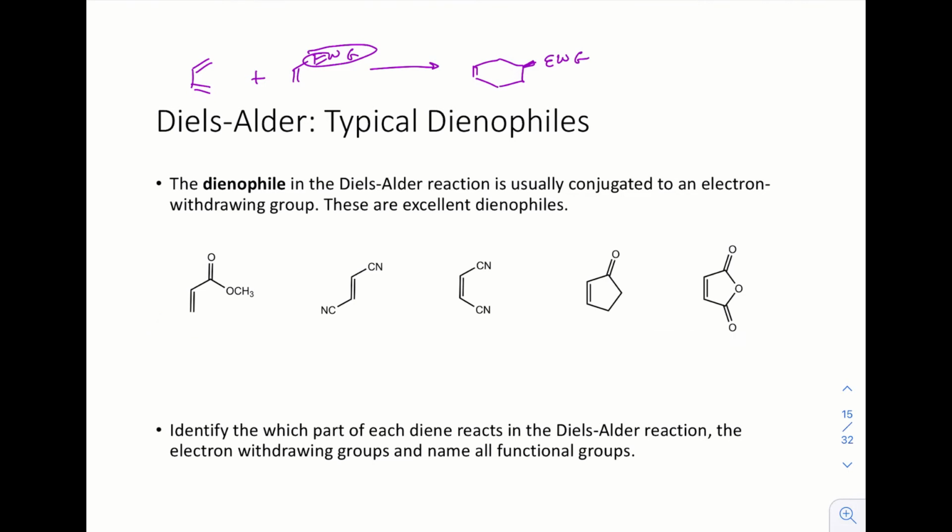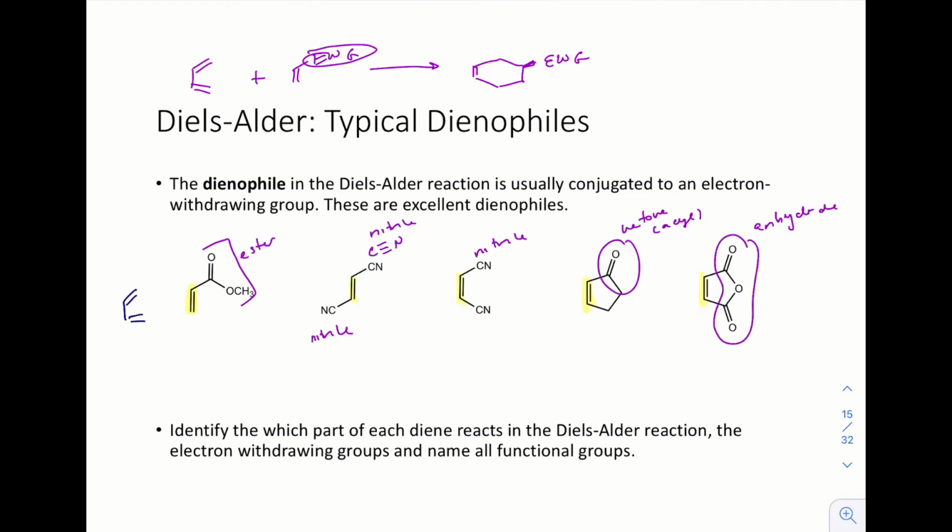Be sure that you can identify the part of each dienophile that reacts in the Diels-Alder reaction and identify the electron withdrawing group and name all functional groups. The two carbons that look like an alkene represent the reactive part of the dienophile in the Diels-Alder reaction. Those 2 pi electrons from that part of the molecule react with the 4 pi electrons of the diene.